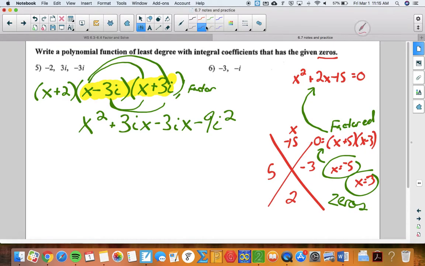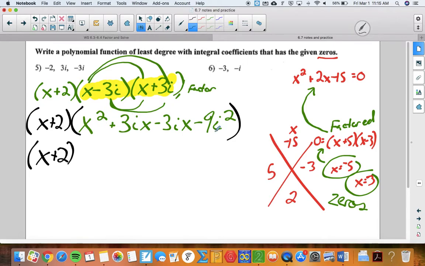So let's simplify this now. Before we get too overzealous, let's not forget to bring down the x plus 2. So we're going to take x plus 2 times this stuff on the right, but let's simplify this. First of all, we can combine like terms. The positive 3ix and the negative 3ix are 0ix, so there's none of those. And then the negative 9i squared, remember that i squared equals negative 1.